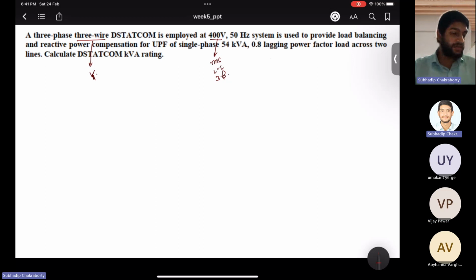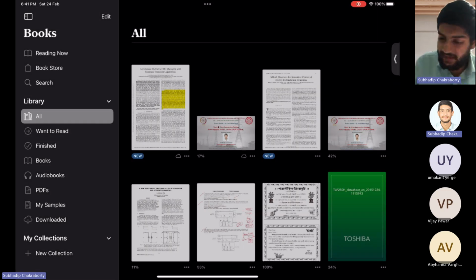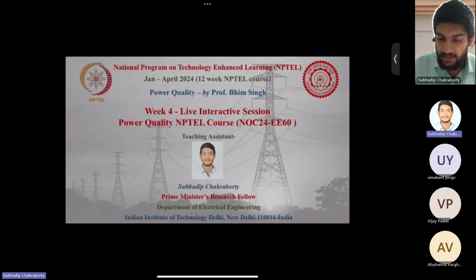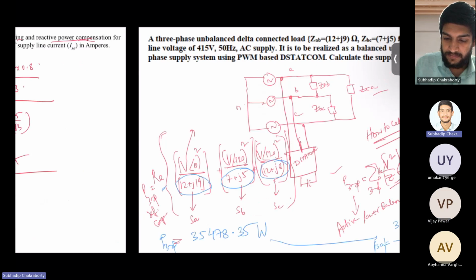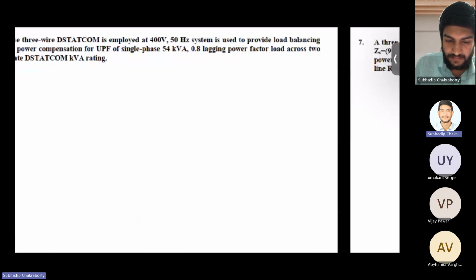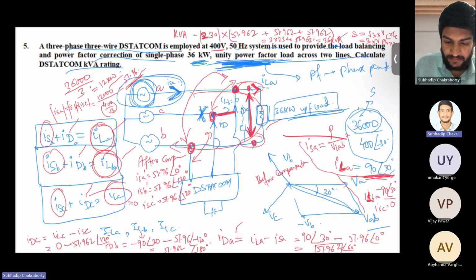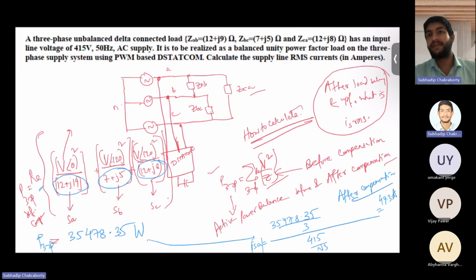Okay, I understood. I think this was the question. You can write here or you can just open the last session, right? So this was the problem, right?